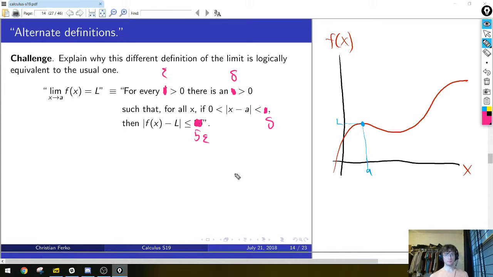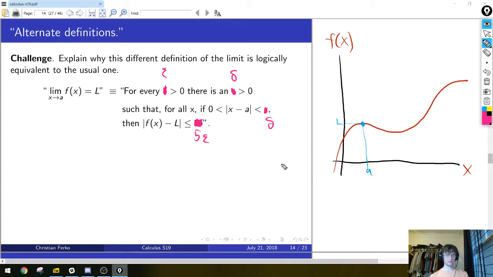Okay, so the first statement, if 0 is less than the absolute value of x minus a and the absolute value is less than what is now known as delta, because we are referring to what we know. It's acting as a restriction on the domain.